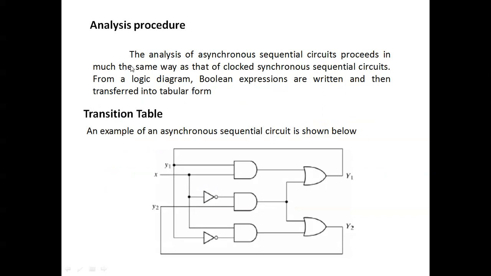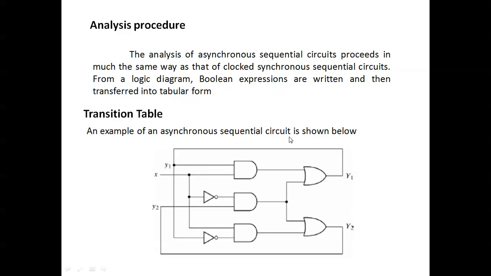So this is the basic analysis procedure, the transition table. This is the basic asynchronous sequential circuit. We can say this is asynchronous because there is a feedback path and no clock signal.